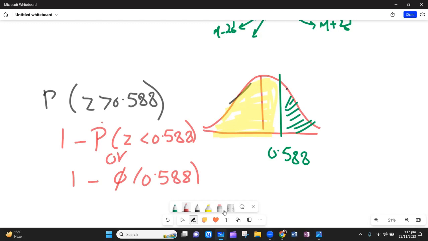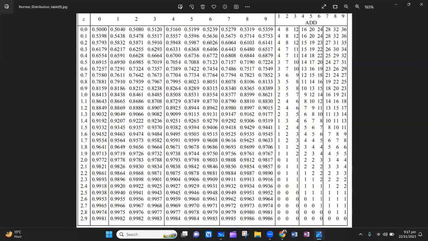Okay, now let's go to the chart and read the probability at 0.588. We have 0.5 here. So this is 0.5, and then that's 8, which gives this probability.